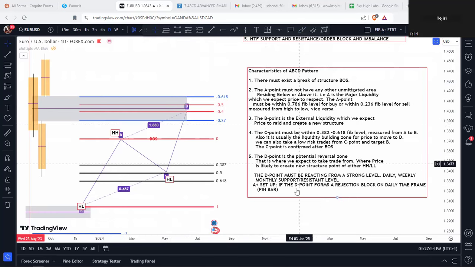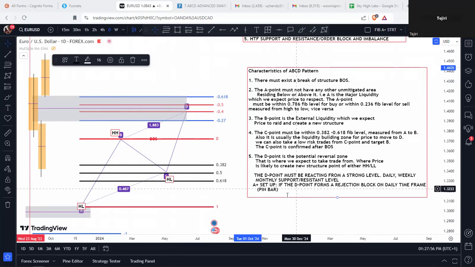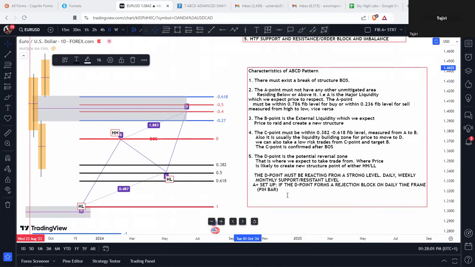Now for our entry, stop loss and take profit levels. For stop loss, you have to look at the market, but the minimum stop loss level we are looking for is 50 pips from entry.